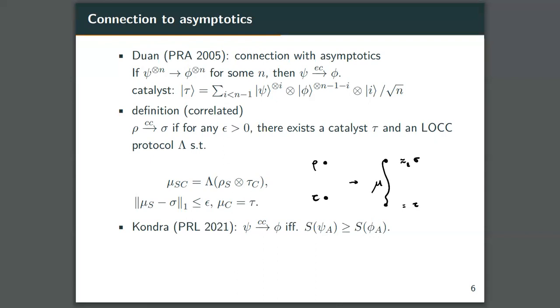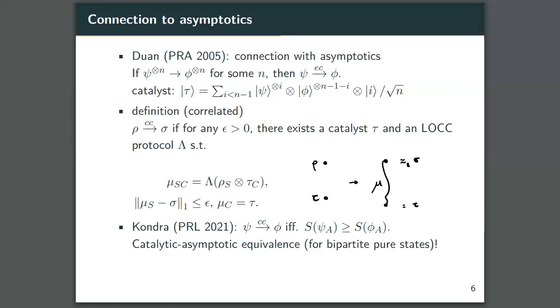If you recall your class in entanglement theory, you'll notice that this condition on entanglement entropy is exactly the condition for asymptotic transformations of pure bipartite entanglement states. So we know that in this setting, correlative catalysis is exactly equivalent to asymptotics. Super nice. And this is one example that we know in entanglement theory of this catalytic-asymptotic equivalence.